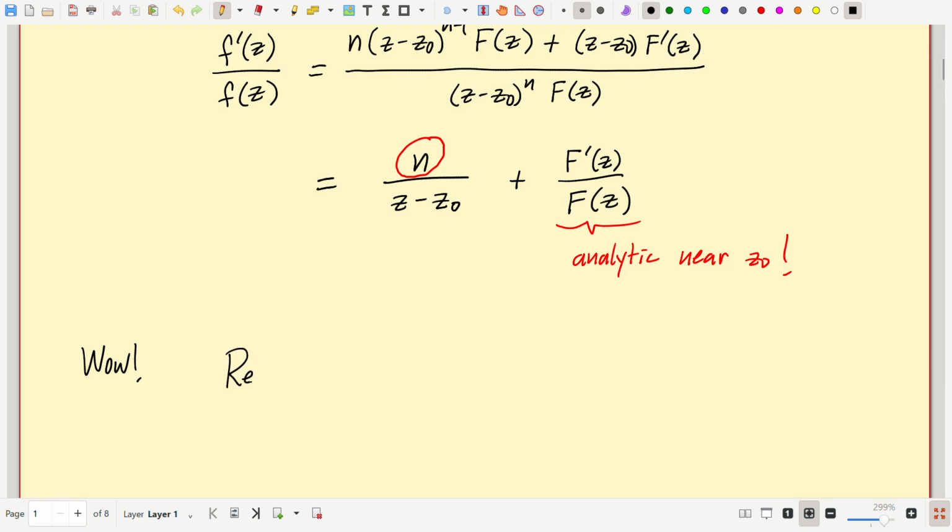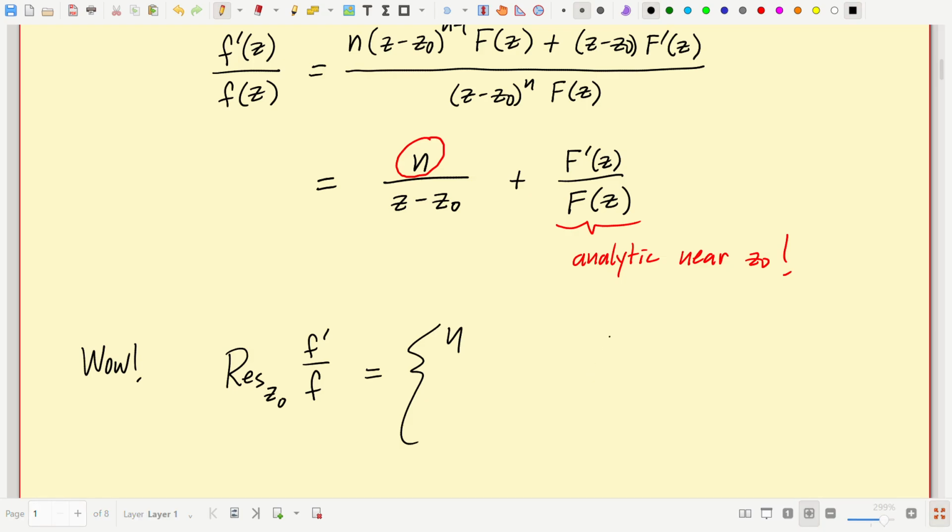The residue at z naught, which is either a zero or a pole of f prime over f, is equal to n if z naught is a pole of order n.